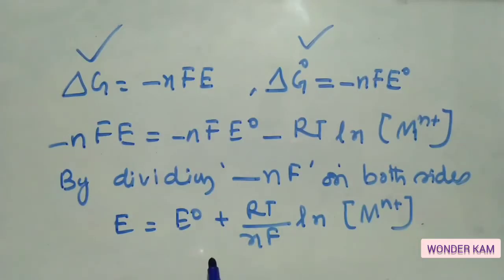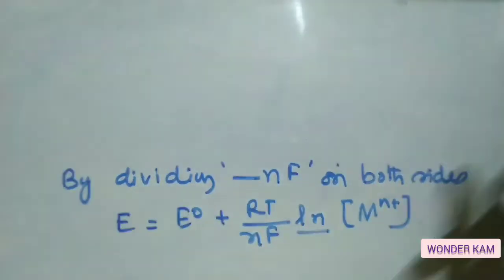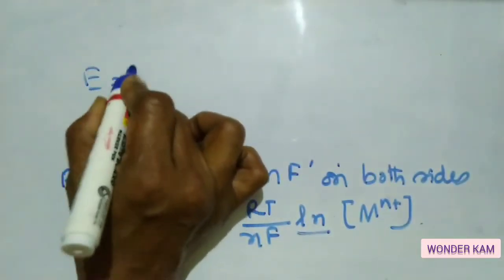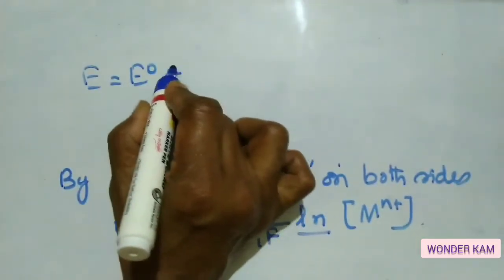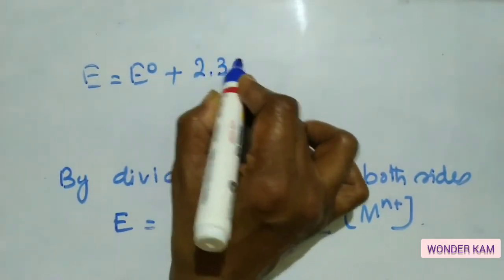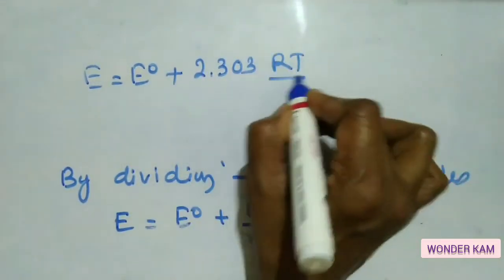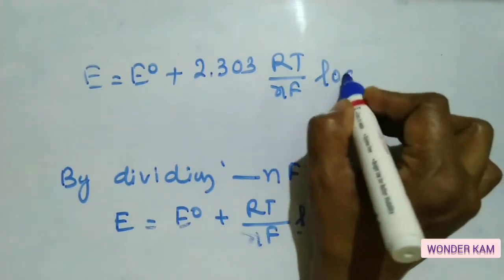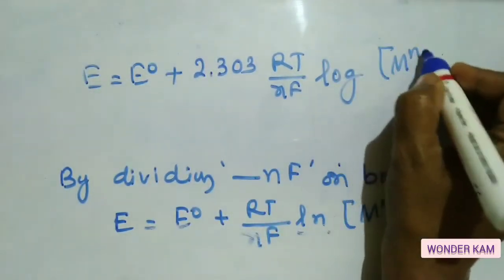Let us convert this natural log into log. When we convert the natural log, we have to multiply by 2.303. So E = E° + 2.303 RT/nF log [M^n+].